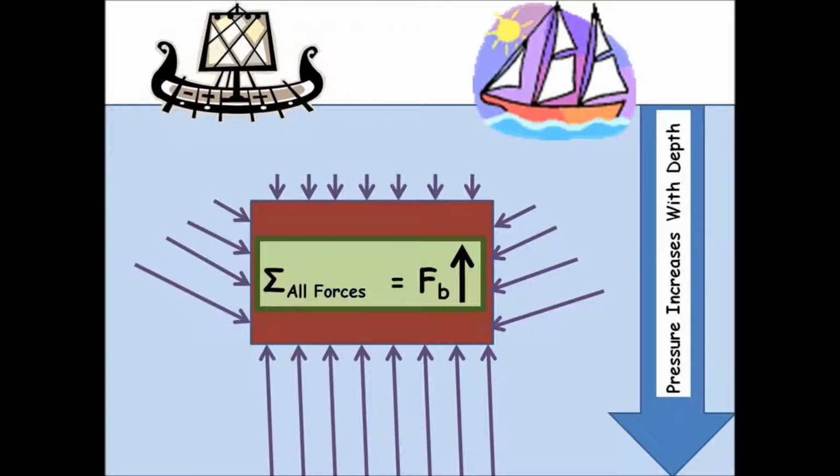So the buoyant force is the upward force, the sum of all of the forces, and those forces are vectors, and they change depending upon the pressure and the depth of the object in the fluids. If it's floating, like the 2 ships above, then their buoyant force equals the weight of those particular ships.